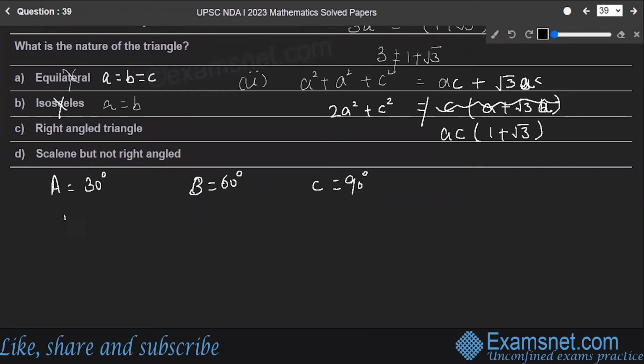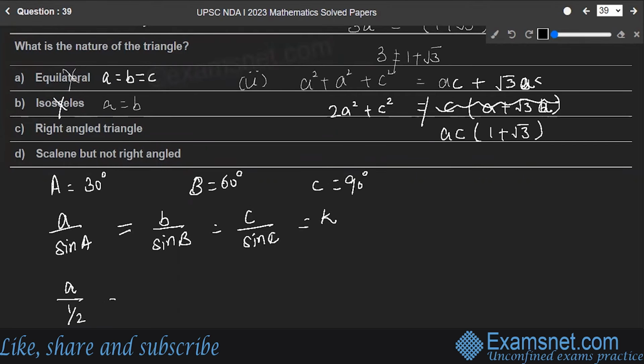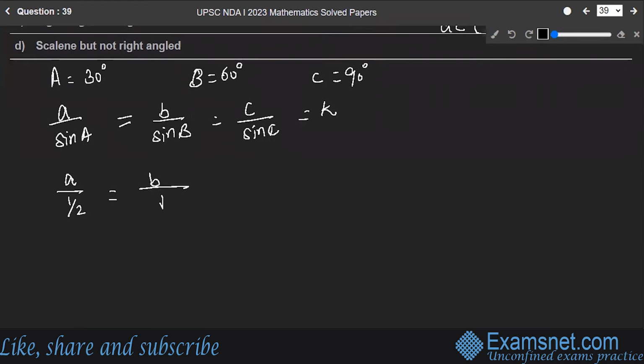Let's use the sine rule: A upon sine A is equal to B upon sine B, C upon sine C, which is equal to, let's say, some K. Sine 30 degree is 1 by 2. So A upon 1 by 2 is equal to B upon sine 60 degree, which is root 3 by 2, is equal to C upon 1, is equal to K. This makes A equal to K by 2, B equal to root 3 K by 2, and C equal to K. These are the three sides.